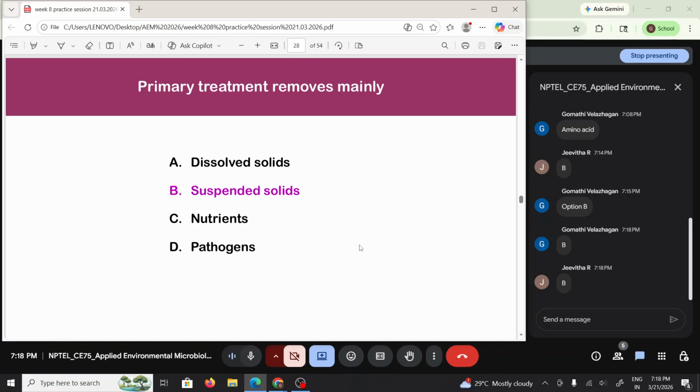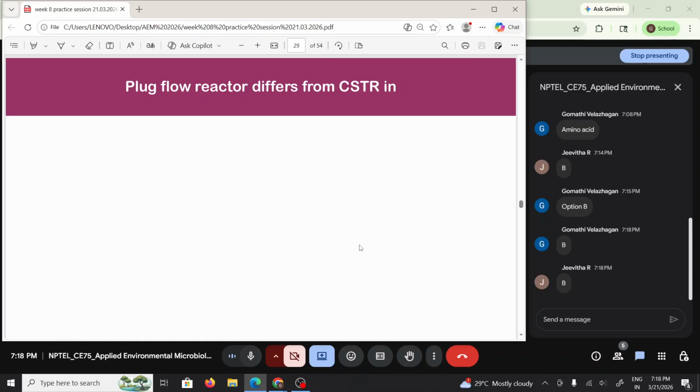Suspended solids. So we use settling chambers, a grit chamber, and screens to remove the suspended solids.